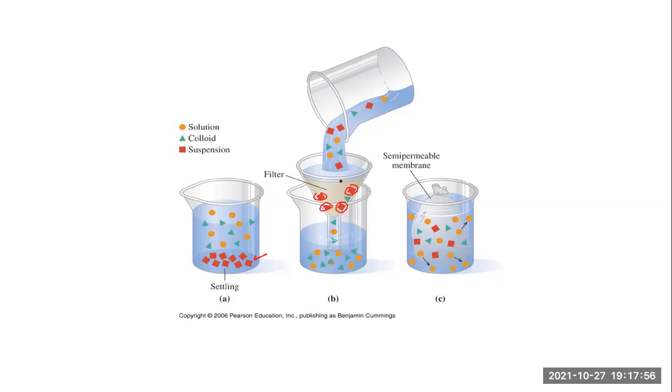I want to say you used to do an experiment where you added sand or charcoal or something like that, with a dialysis bag, and that was your suspension. If you put that through filter paper, for example with sand, it obviously wouldn't go through, and that would be your suspension. Here's a membrane, and again, it's going to allow the smaller solution particles to float in and out of the membrane, and trap the larger ones within.